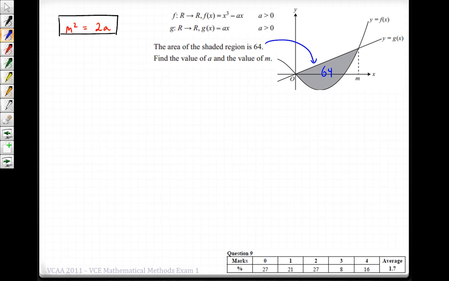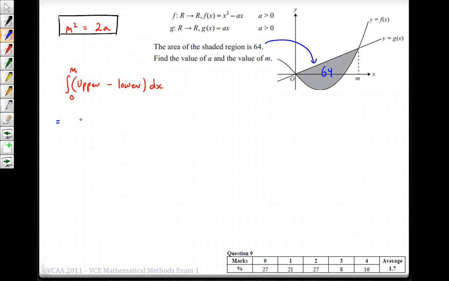So how can we go about tackling this? Well, we've got a shaded region between two curves, so we can use calculus to find that area. Calculus says we're going to integrate from 0 to m of our upper curve minus our lower curve, with respect to dx.